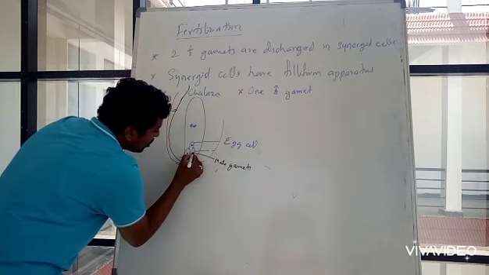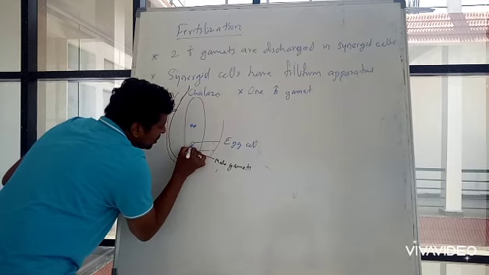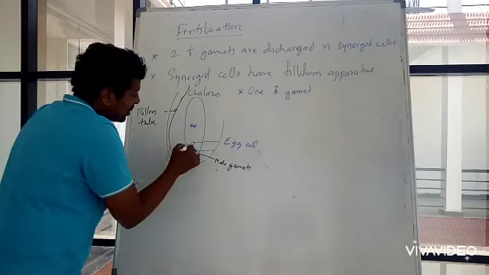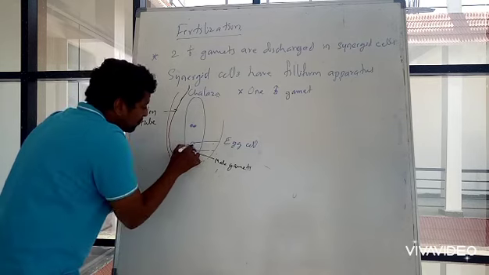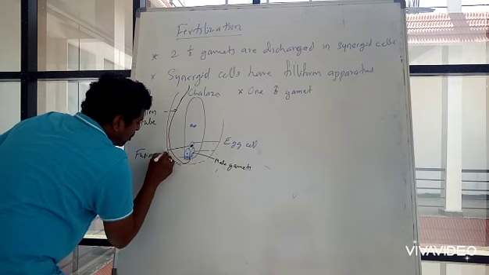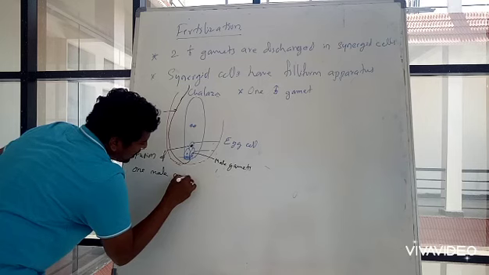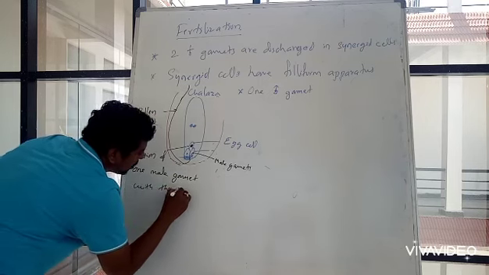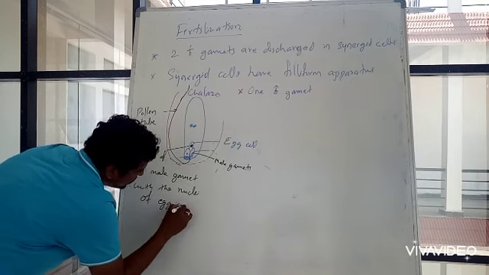So among the two male gametes released in the synergid cells, one will move to the egg apparatus and fuse with the nucleus of the egg cell. Okay. So this whole structure represents the fusion of one male gamete with the nucleus of the egg cell.